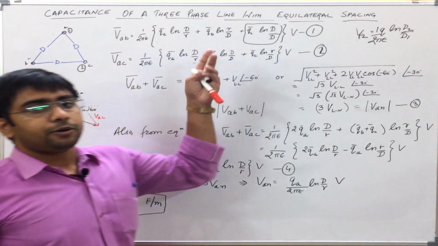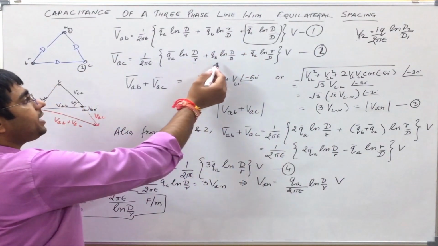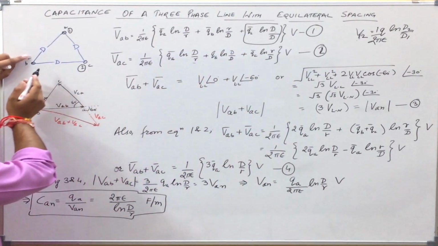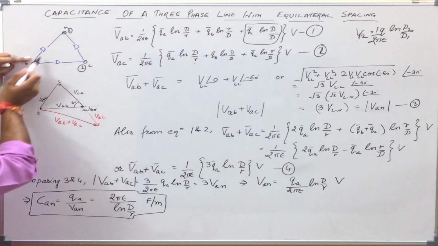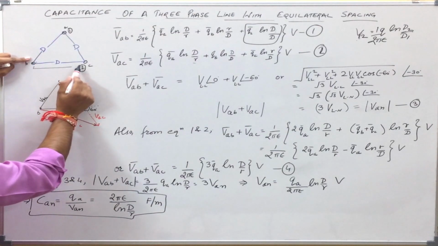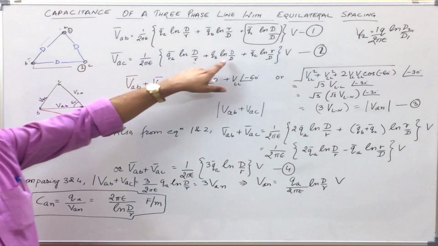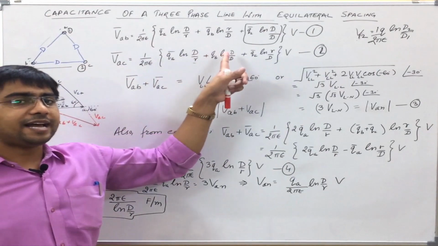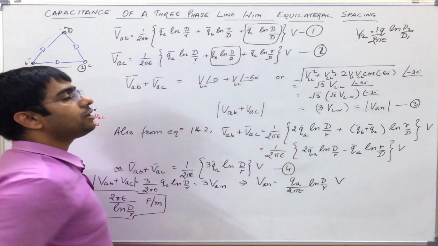Now writing the potential difference due to charge B, we will see QB. Now see, if the charge QB is here, then this is D2 and this is D1, both are equal. So D2 by D1 will give me 1. Natural log 1 is equal to 0. So this term is also equal to 0.